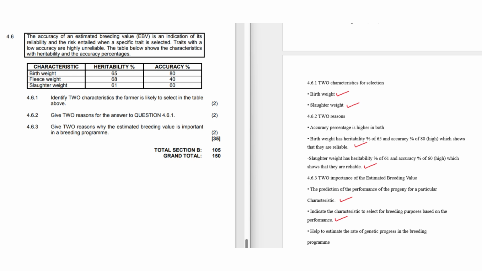Okay. Yes. And B, we can also say that it indicates the characteristic to select for breeding purposes based on the performance. It shows us and indicates to us the characteristic that we can select for breeding purposes based on the performance.